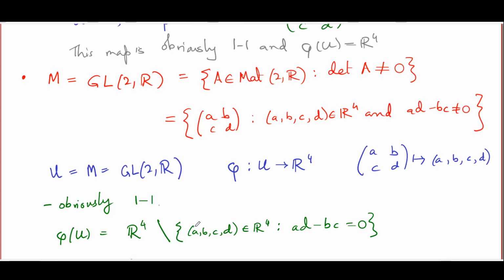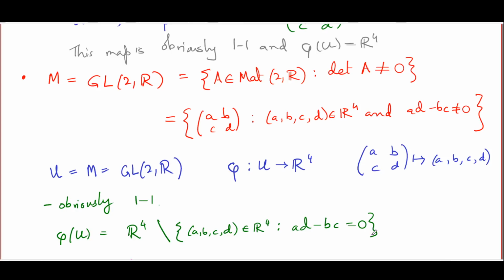So now that phi of U is not all of R4, we must ask ourselves the question, is phi of U an open set? Now, if we were to use certain results from differential geometry of surfaces, you would automatically know that this set here, the set given by AD minus BC equal to 0, is what is called a level set. It's a hypersurface in R4.